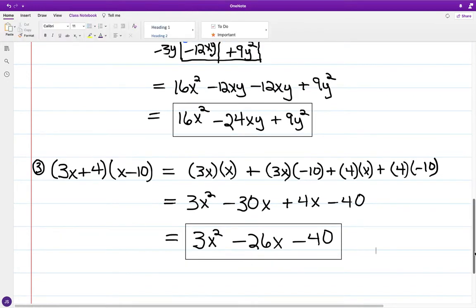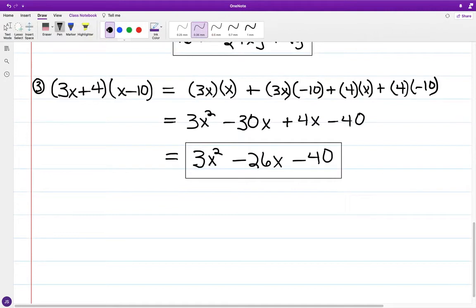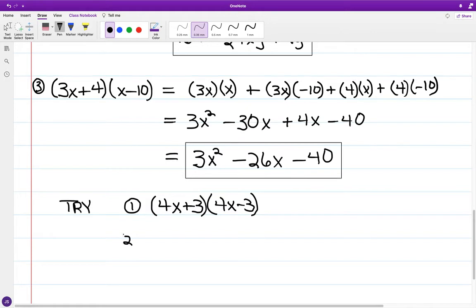Okay, all right. We'll shift gears a little bit. In terms of multiplying polynomial expressions, let's see what we get for 4x plus 3 times the quantity of 4x minus 3.